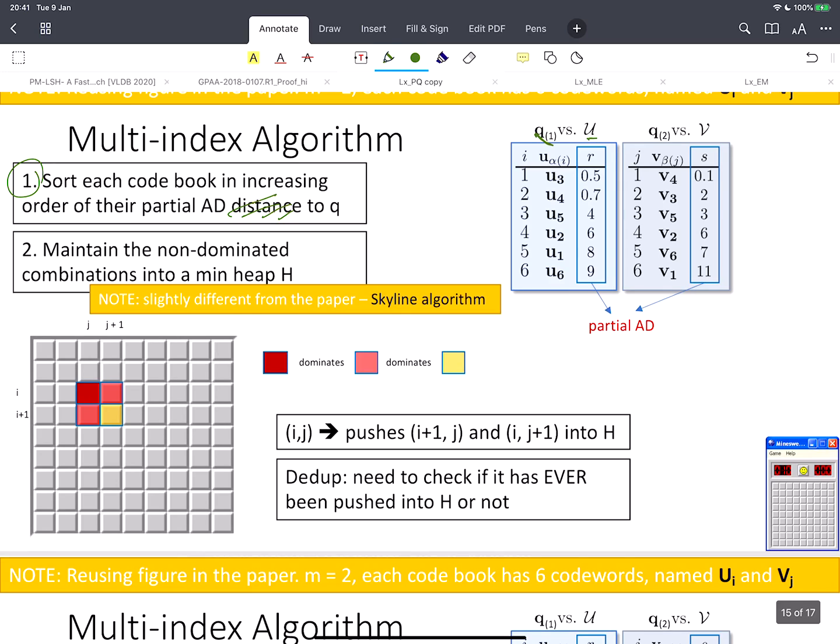The first partition, the codebook is denoted as this big U, where each vector is denoted as U1 up to U6. Okay, and it turns out that U3 is the closest to this vector.